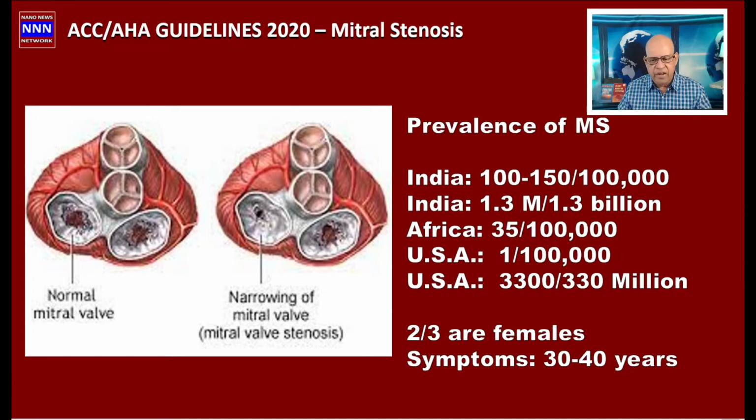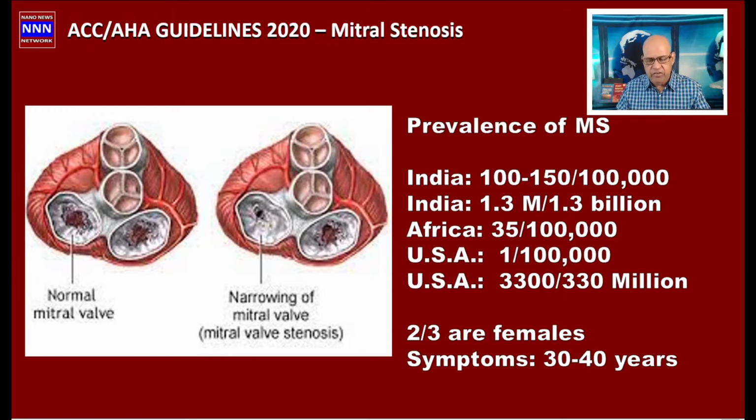Whereas in Africa, it is 35 per 100,000, and in the United States, the incidence of mitral stenosis is 1 per 100,000. Translate that into 330 million population, and it comes to approximately 3,300 cases, or it may be even less, unless we see some people who have immigrated from the East who may have evidence of mitral stenosis at later stages in their lives.